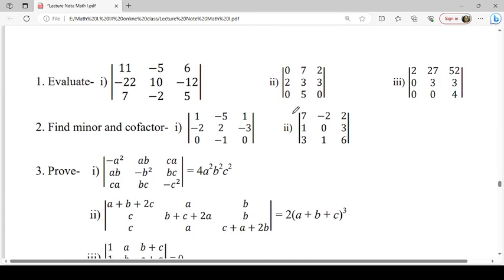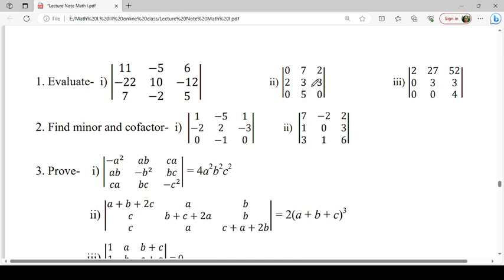So to evaluate this, 2 3 0 5 0, consider that there are 2 zeros, so expand along the first column. So 2 into 2 means it is 2 into minus of 0 minus 10.